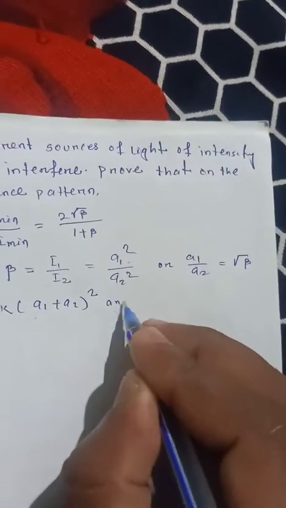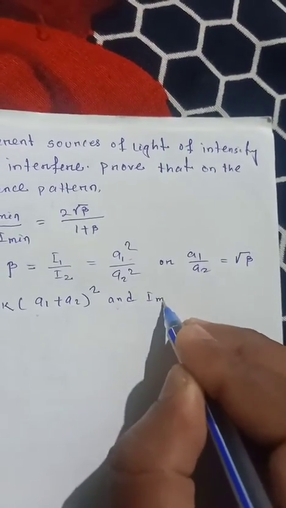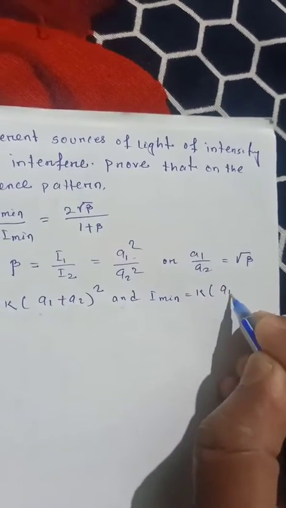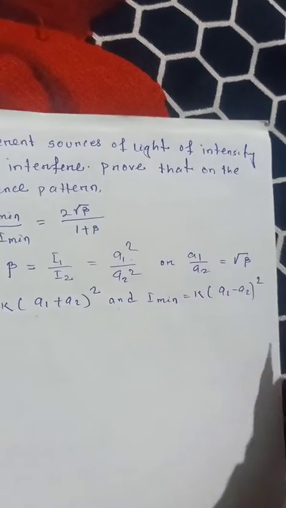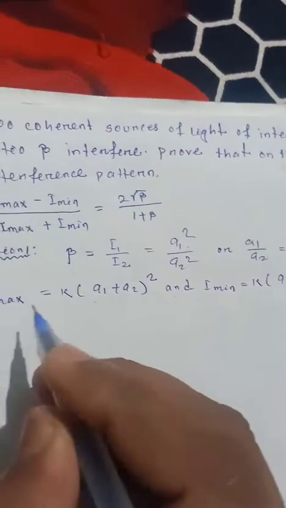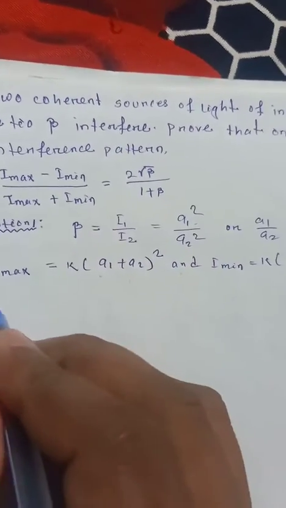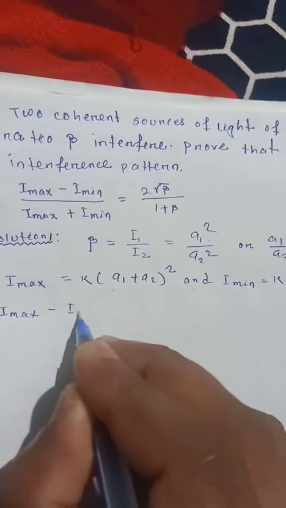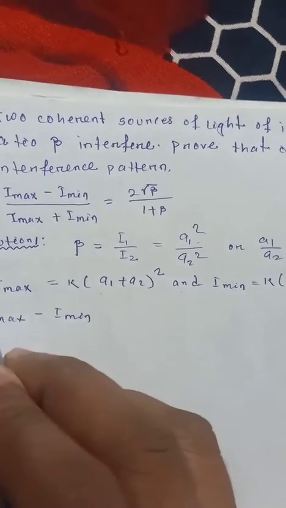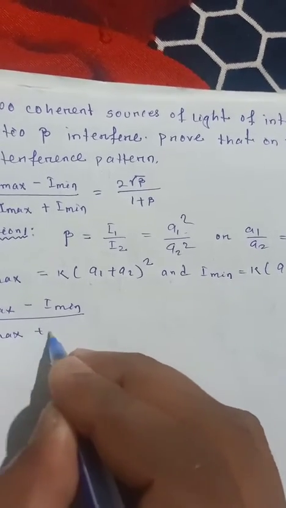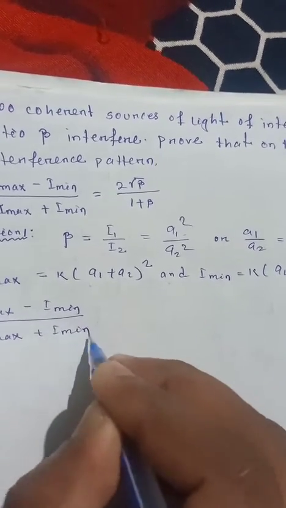whole square, and minimum intensity is equal to K times (A1 minus A2) whole square. So the quantity is Imax minus Imin divided by Imax plus Imin.